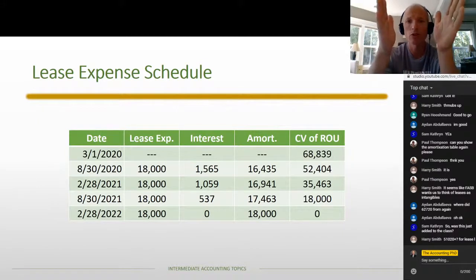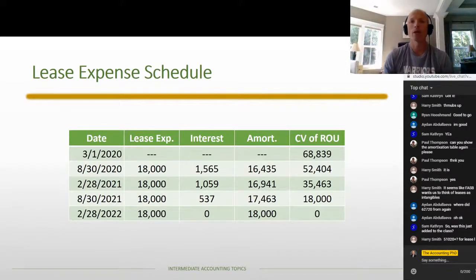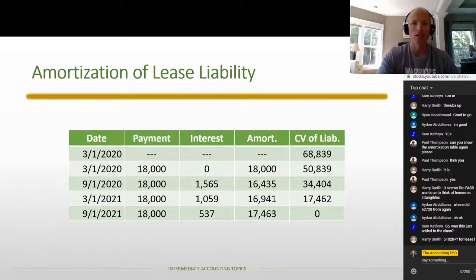So essentially what we do is we take that inferred interest amount and we throw it into the lease expense schedule. That's all we're doing. And so notice the order, 1,565 followed by 1,059 followed by 537. That's exactly the same order that we see in the lease liability table.